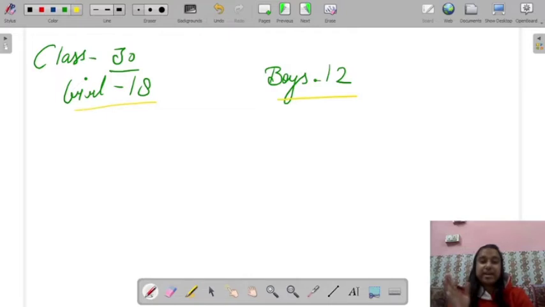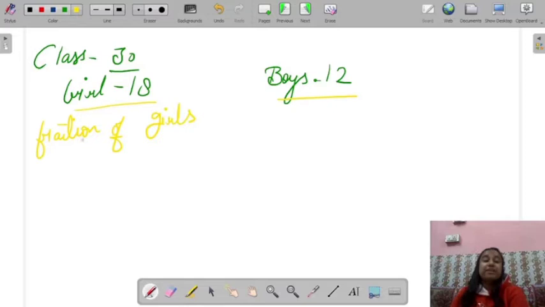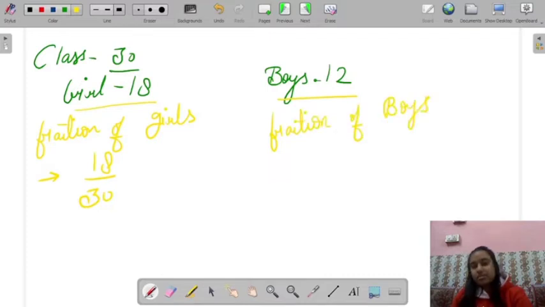You can say the fraction of girls in your class is 18 by 30, and the fraction of boys is equal to how much? 12 by 30.